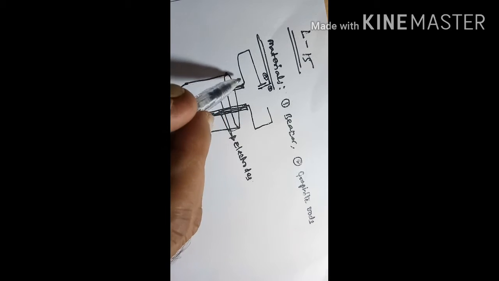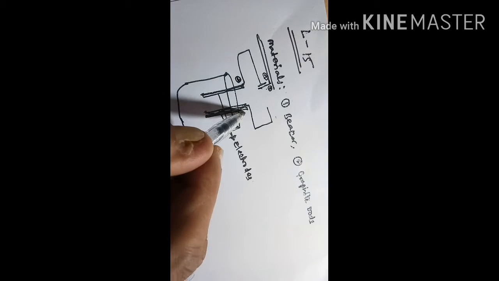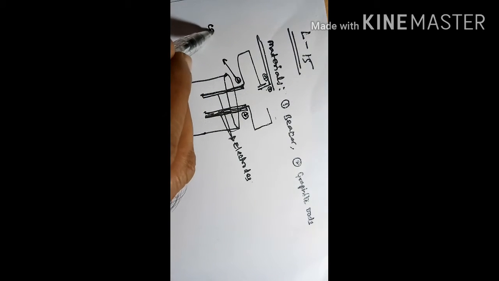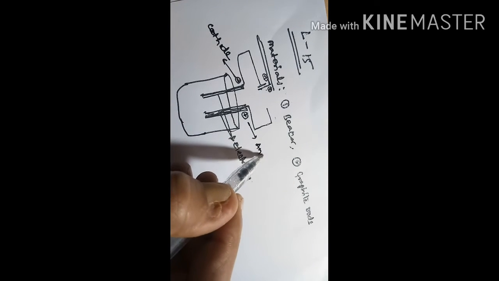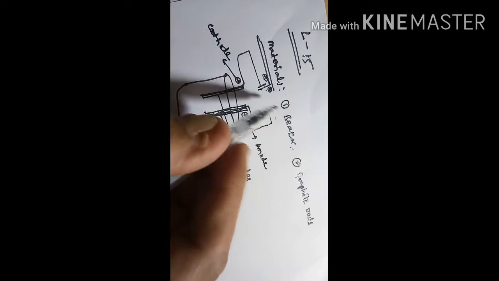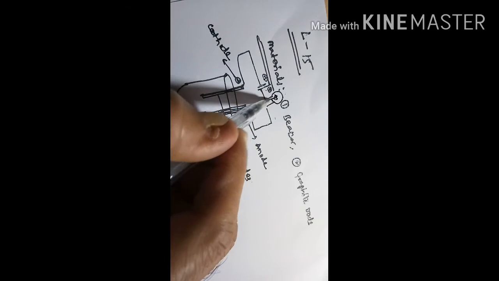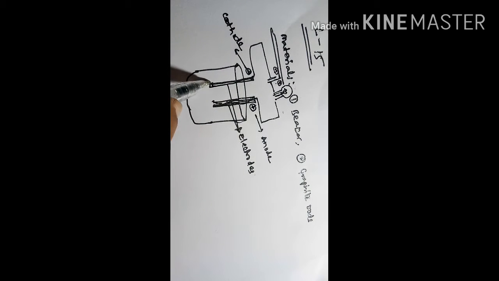The electrode connected to the negative terminal has a negative charge, and the one connected to the positive terminal has a positive charge. The negative electrode is called the cathode, and the positive electrode is called the anode. Now this is connected through a bulb. So this is the experimental setup.